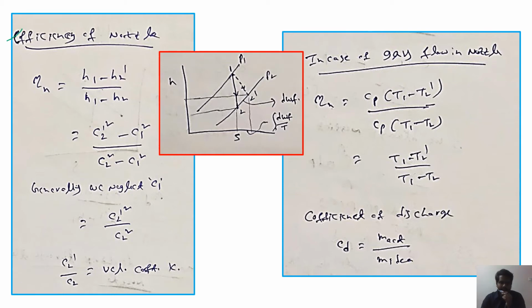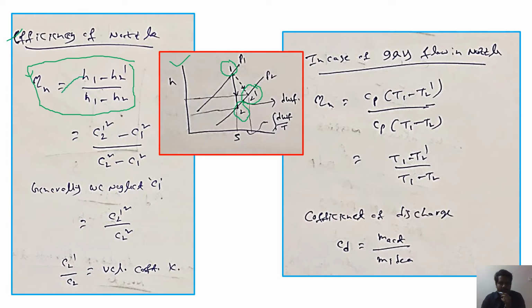Now, efficiency of the nozzle. As you can see in the HS diagram, efficiency of the nozzle is H1 minus H2 dash divided by H1 minus H2.